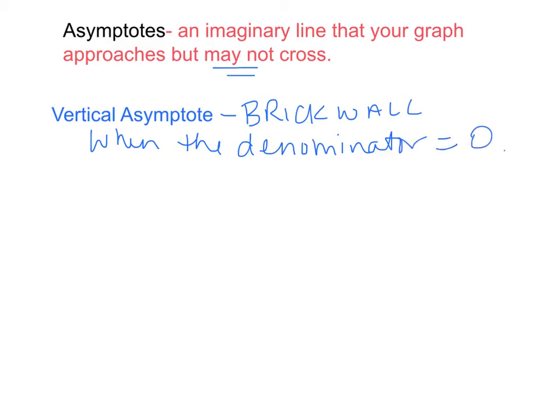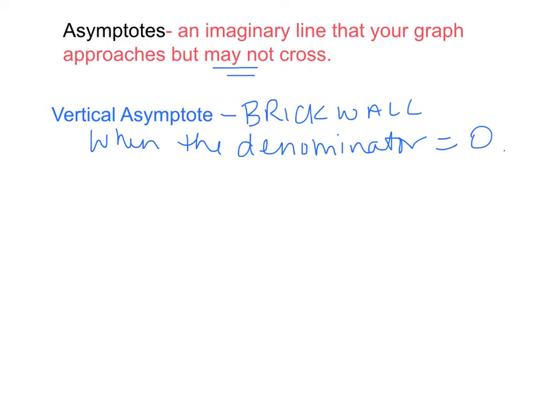So remember how we just talked about not having a value in the domain when your denominator equals 0, that's not part of the domain. When you have a rational function here, that is where you have a vertical asymptote. So remember, it's an imaginary line that your graph approaches but may not cross. So when your denominator is 0, that is where you have a vertical asymptote. That's why it is a brick wall. It will never cross a vertical asymptote. Cool, let's do it.